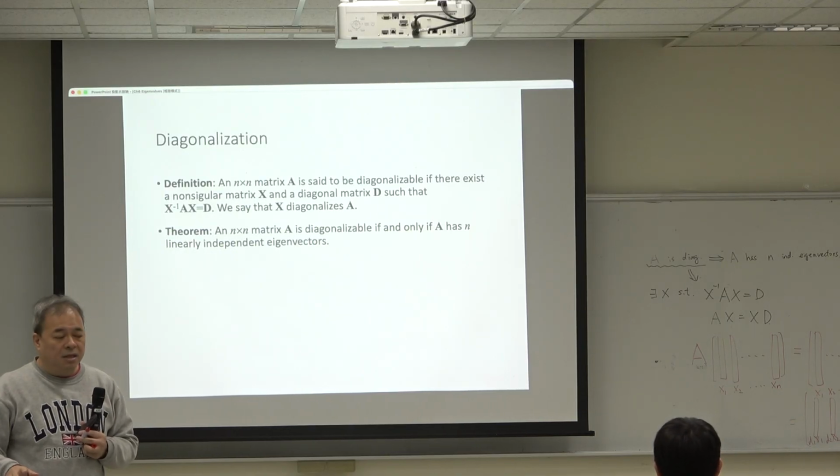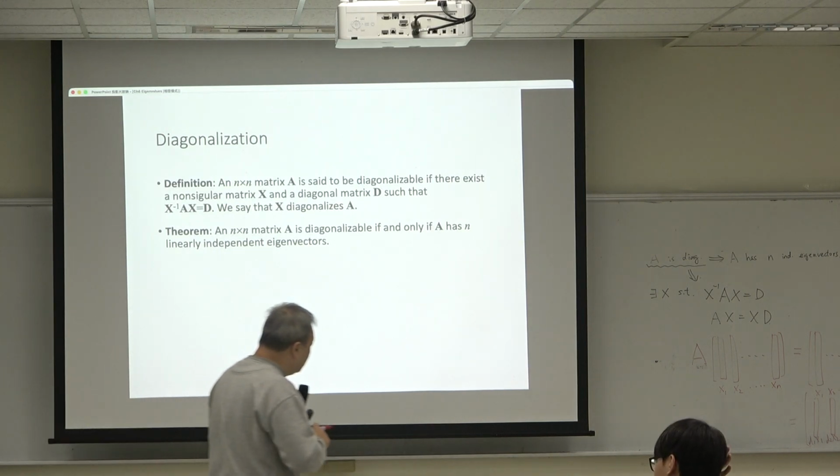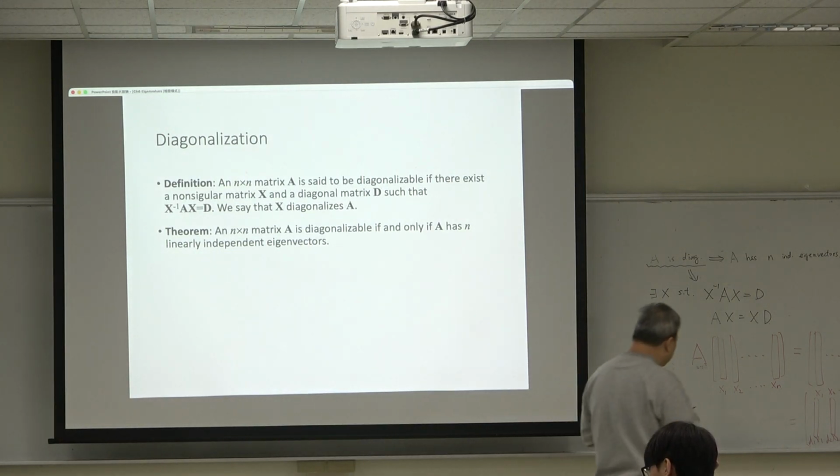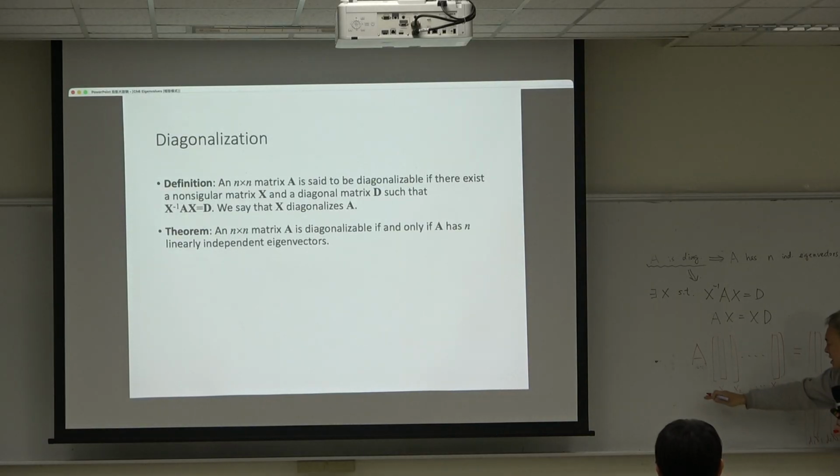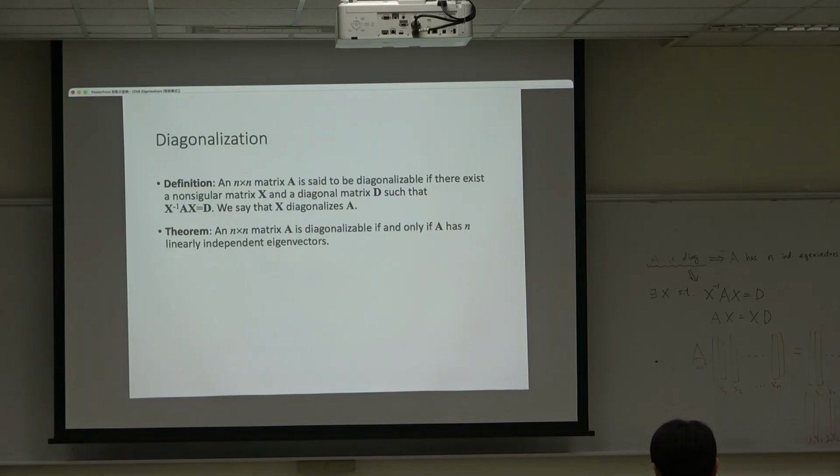And then, what does that mean? A times this equals this. The first column is A times the first column here.